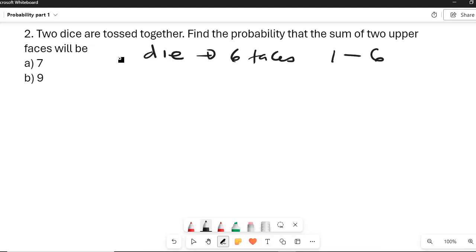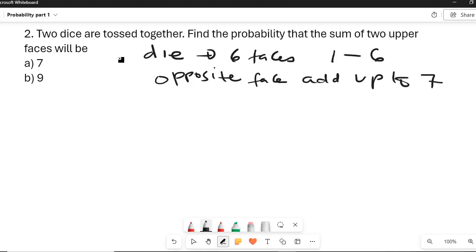Another thing we need to understand is that for a die, opposite faces add up to 7. So if one face is 2, then the opposite of it should be 5, so that the opposite faces add up to 7.